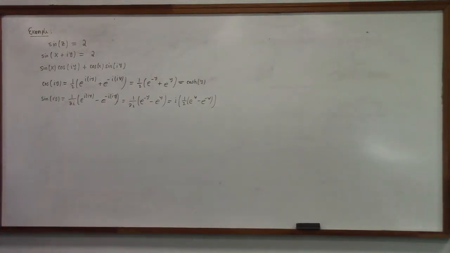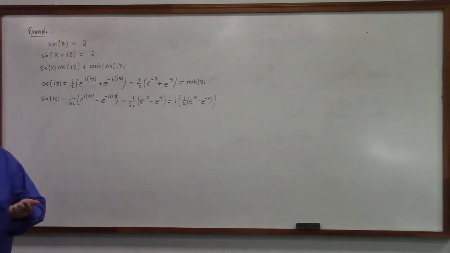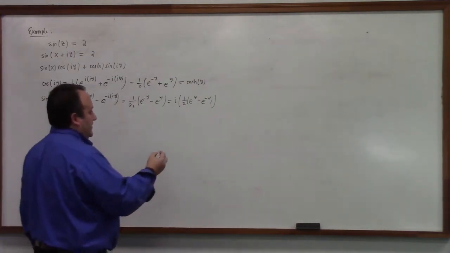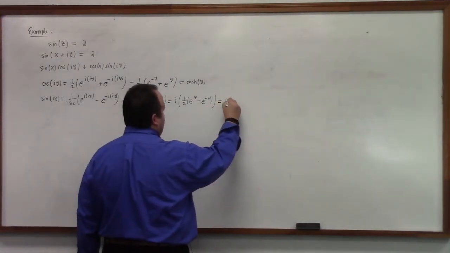Now, remember 1 over i is minus i. So when I flip the 1 over i upstairs, that brings out a minus, which then I distributed through to change the signs on the terms. That's what happened there. But this is straight up i sinh of y.